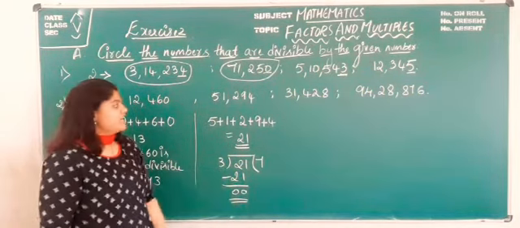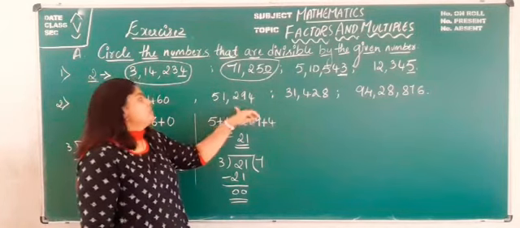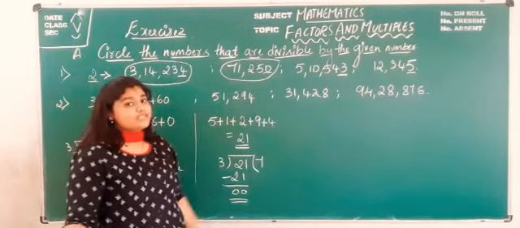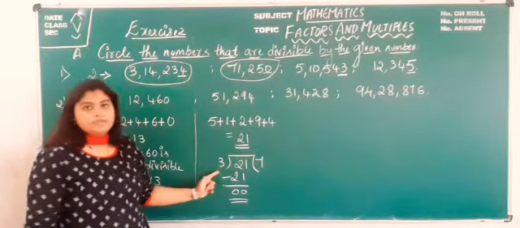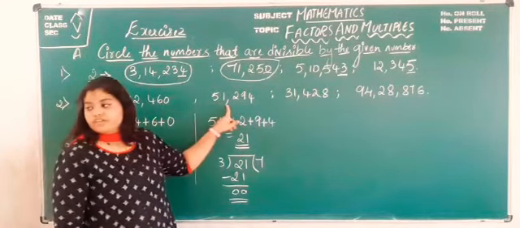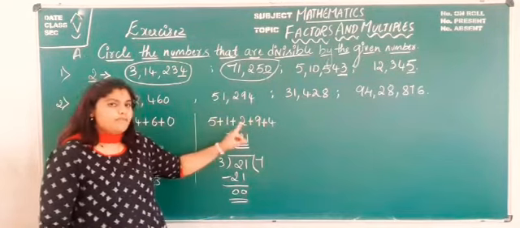Therefore, we can say that this 51,294 is divisible by 3. The sum of all the digits was 21 and 21 is divisible by 3. So this 51,294 is divisible by 3.